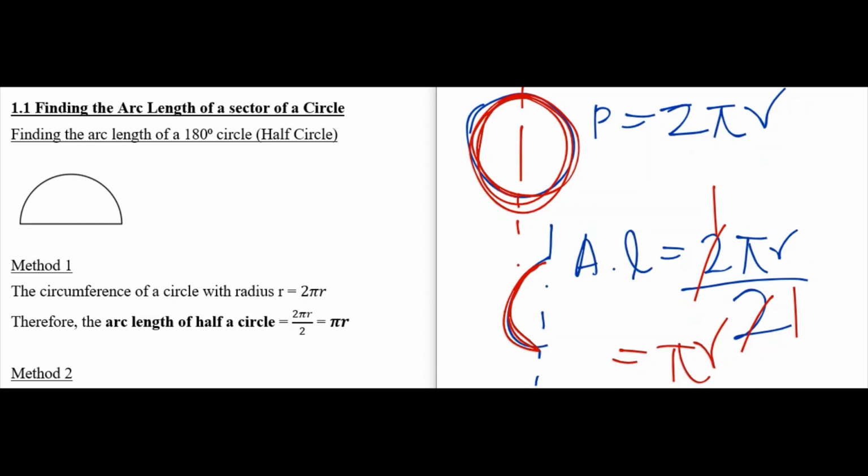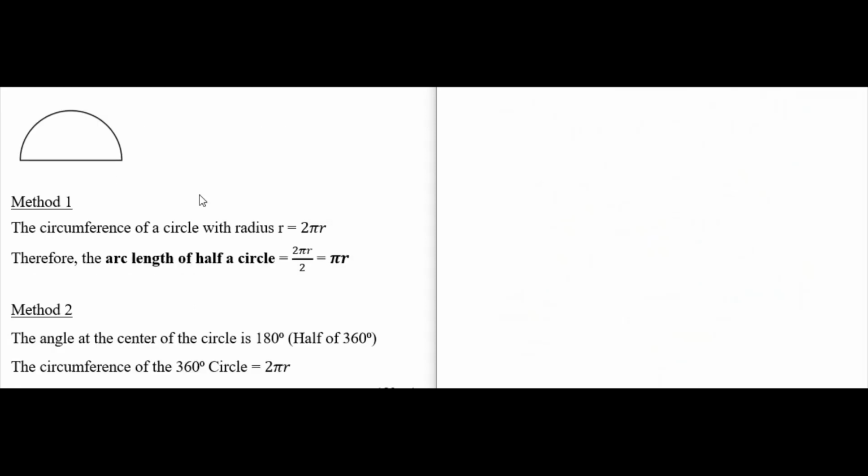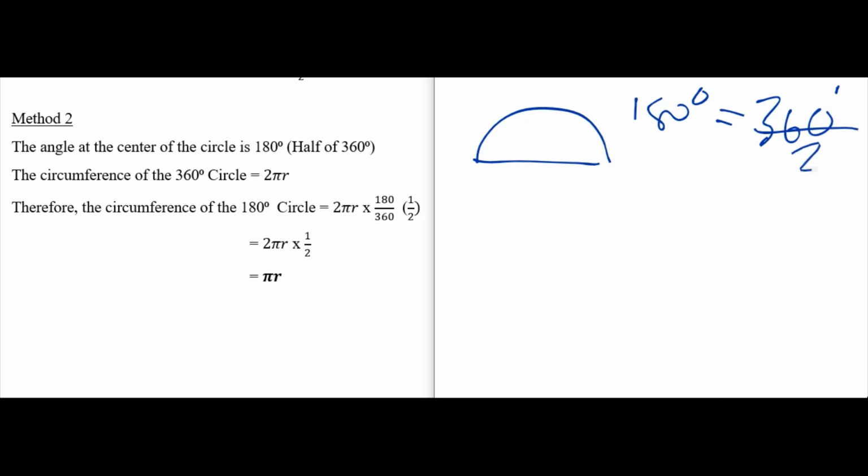I hope that's clear, but there is also another method that we use in order to find it. In this method too, we find the arc length using the angle at the center, which we learned a few minutes back. So when we look at a half circle, we know that the angle at the center is 180 degrees, which is half of 360 degrees.